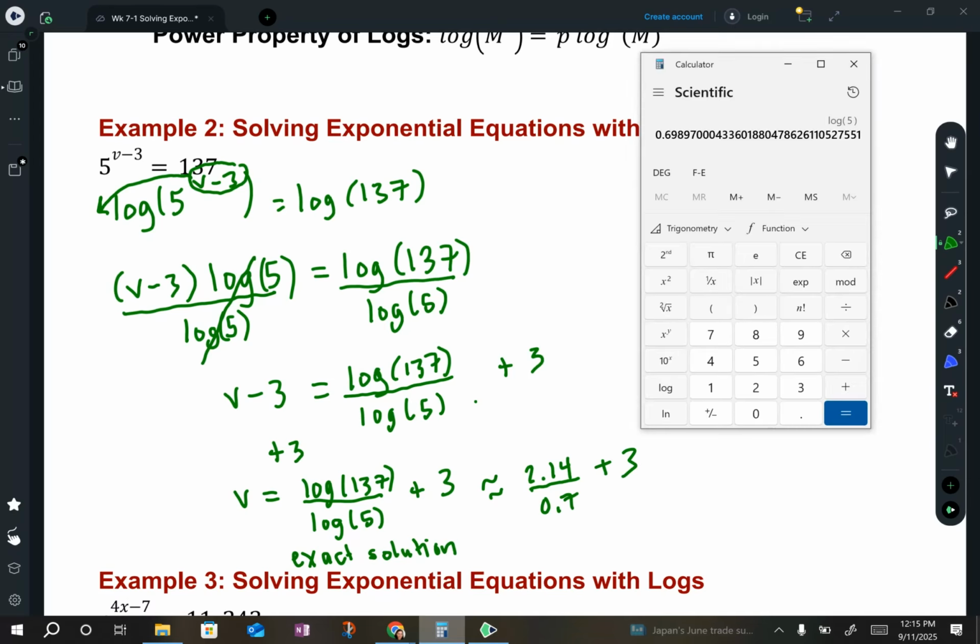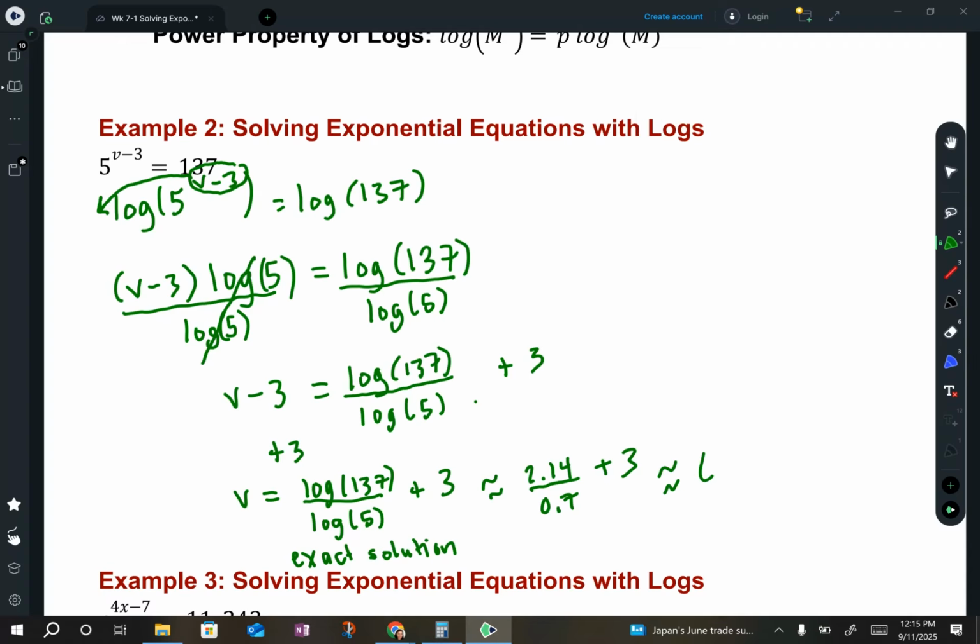So 2.14 divided by 0.7 plus 3 is about 6.06. So there's an approximate solution.